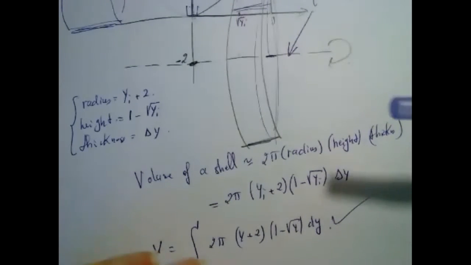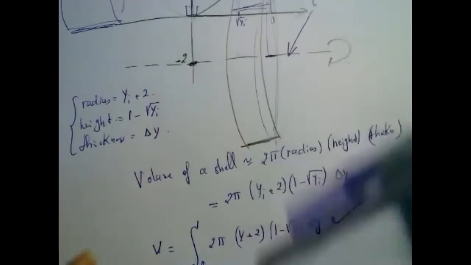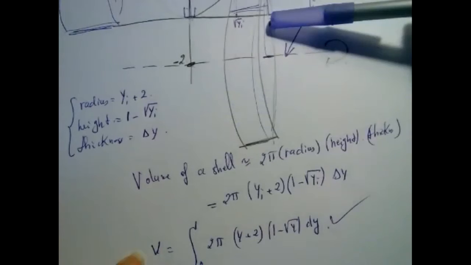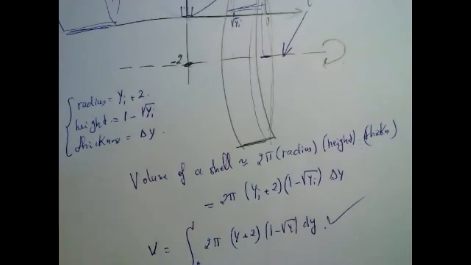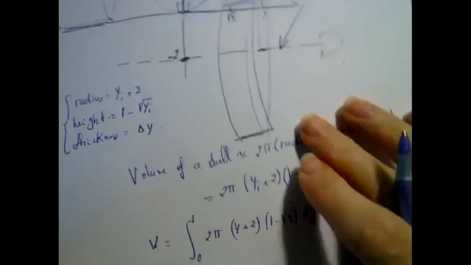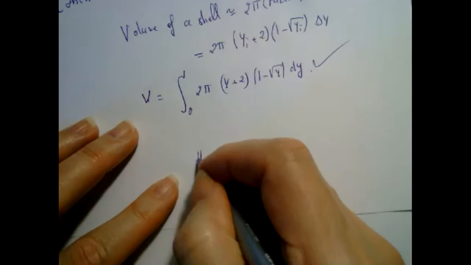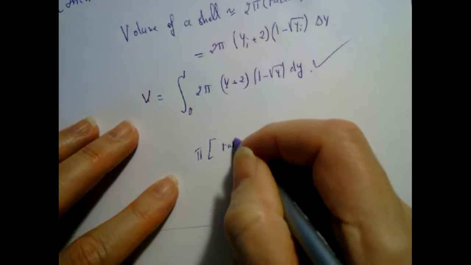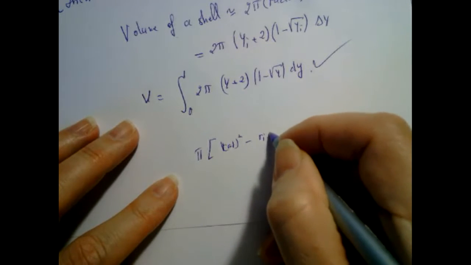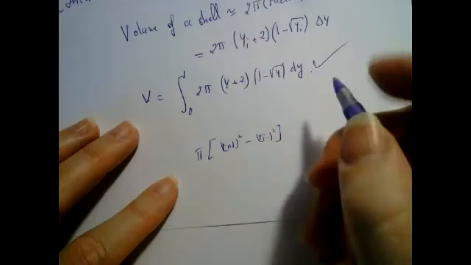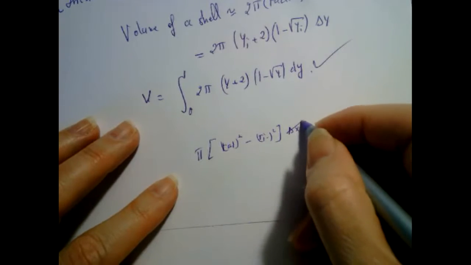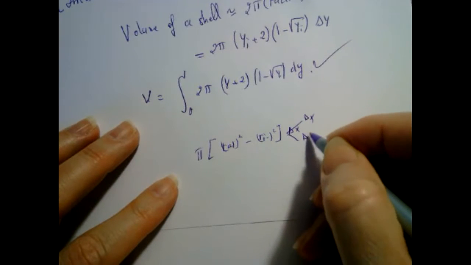Yeah. The questions will be basically what I'm doing here. You draw the picture, you label it very well, find the volume of a typical washer, then set up the integral. The volume of a typical washer is pi times the outer radius squared minus the inner radius squared, times the little height, which is usually either delta x or delta y.